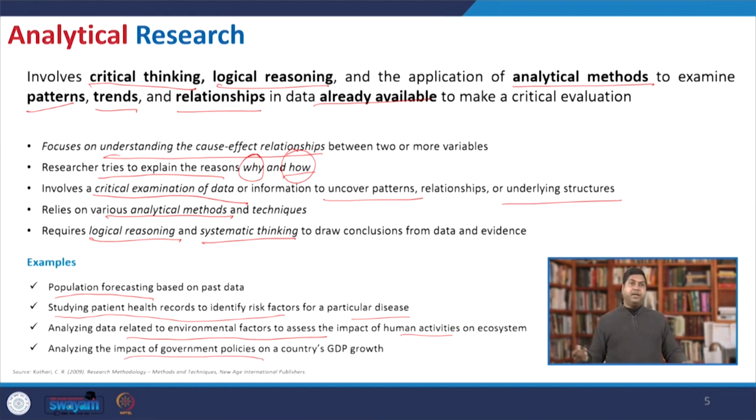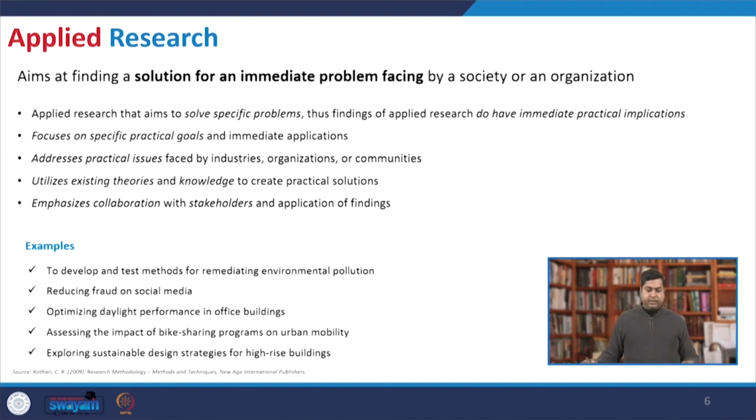Again, the government announces certain policies, certain schemes for the betterment of people in the country, and then how it is going to help boost the economy. It may be some kind of incentives, it can be some other kind of aid to help certain communities in the country. So it's much more about analysis of the data, finding the reason, and then bringing the conclusion for solving the problem. Next in that line is applied research.